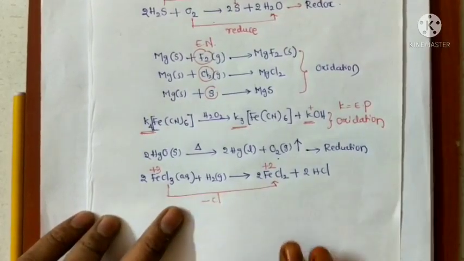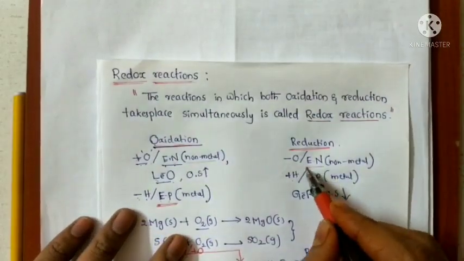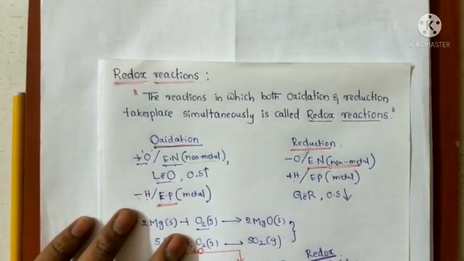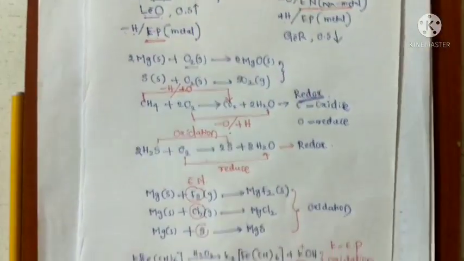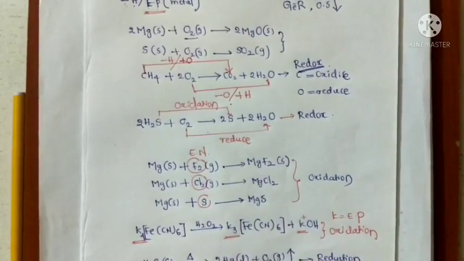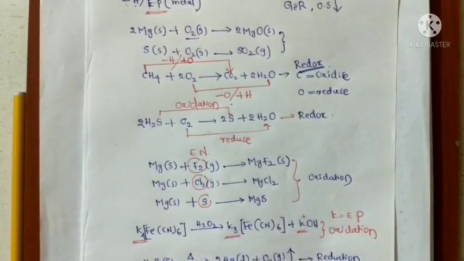Chlorine is an electronegative element, a non-metal, so removing an electronegative element is a reduction process. So one is reduction, and automatically the other one is oxidation. For example, you will see the addition of a non-metal.